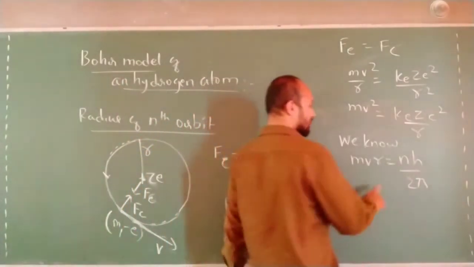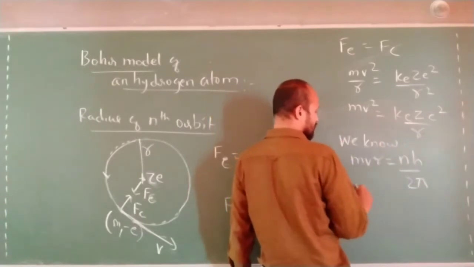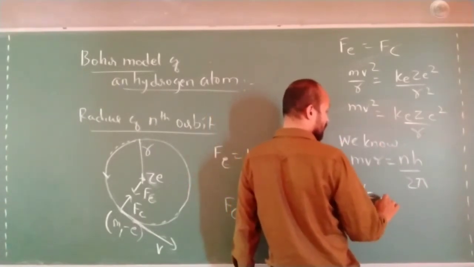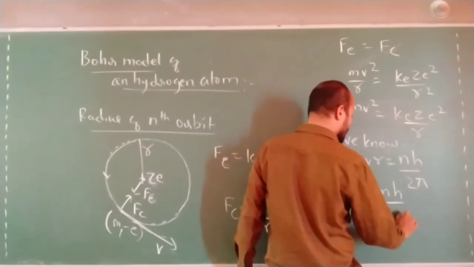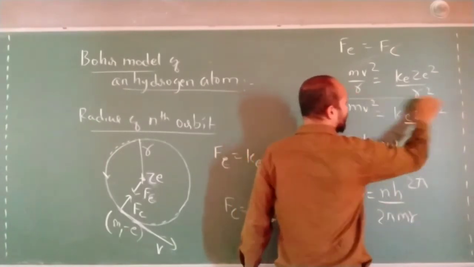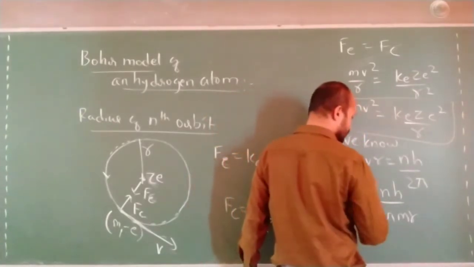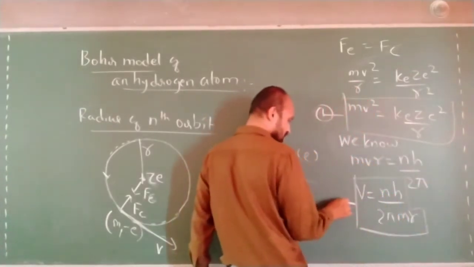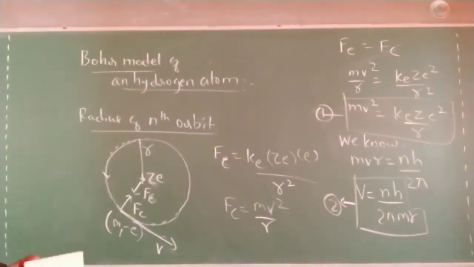This is from the Bohr postulate. With this equation, I can write v equal to nh by 2 pi mr. Let us take this as equation 1 and this as equation 2.